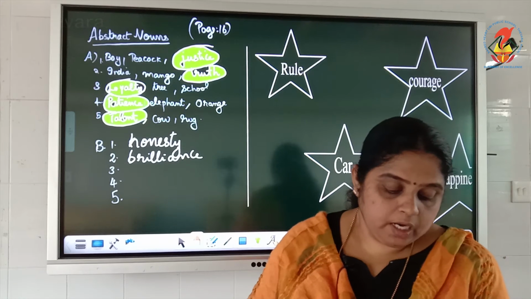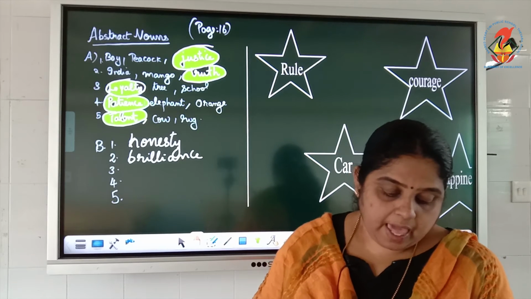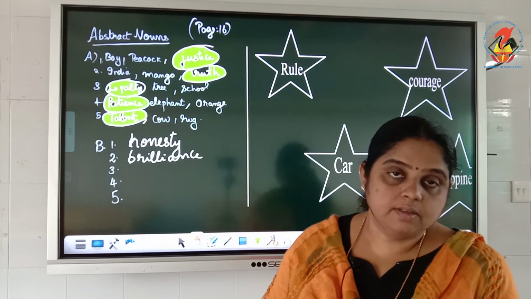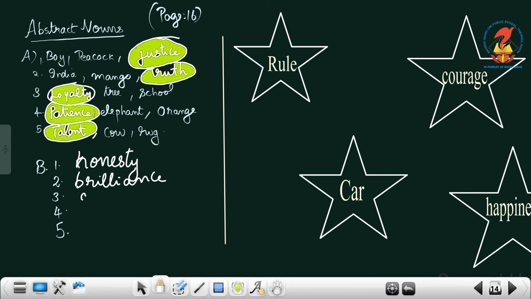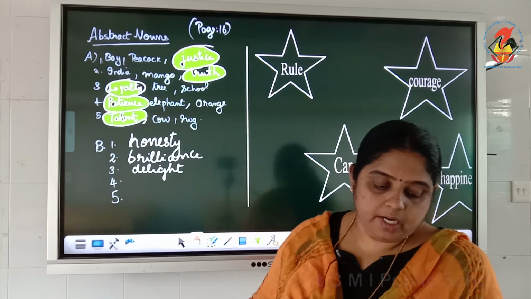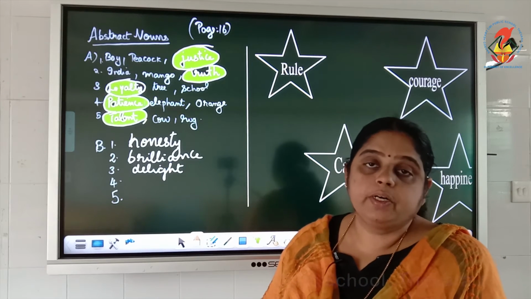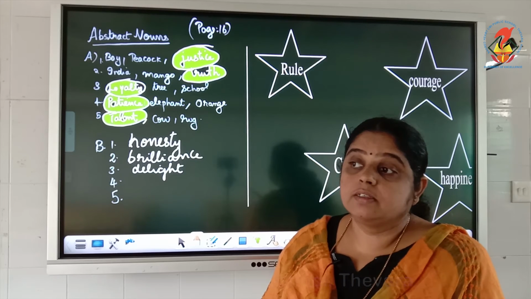Then third one, to my delight, everyone arrived on time. What is it? Delight. Please underline delight. Then fourth one, she was in despair when she lost her purse. What is it?